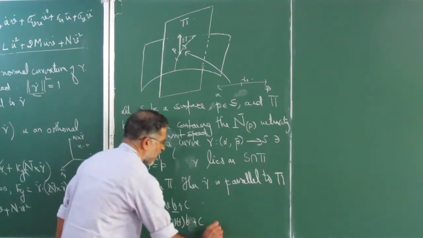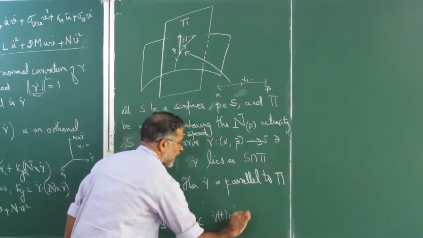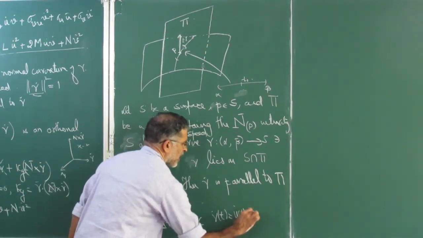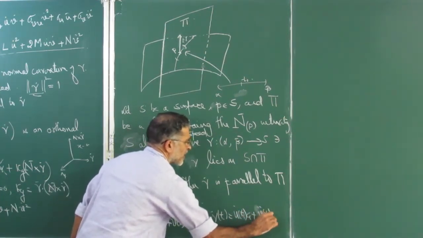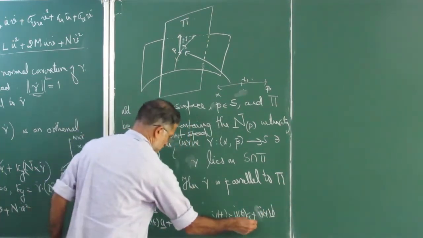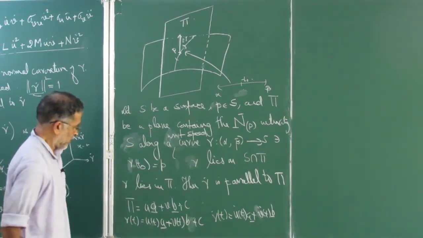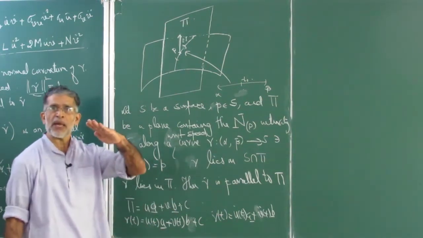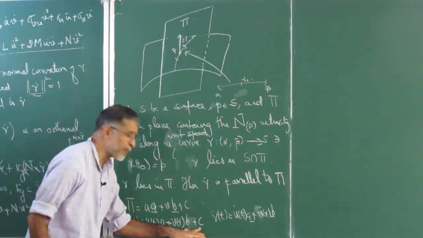And what is gamma dot? Gamma dot is equal to u dot(t) a plus v dot(t) b plus 0. That means this is parallel to this plane. So if gamma lies in some plane, gamma dot is going to be parallel to that. The plane doesn't pass through the origin.